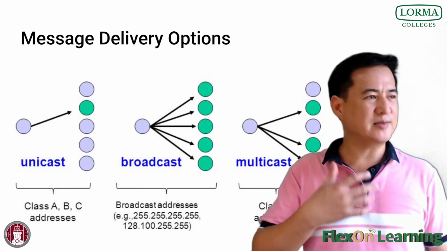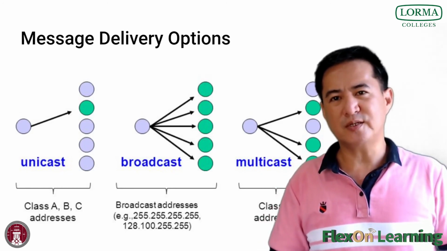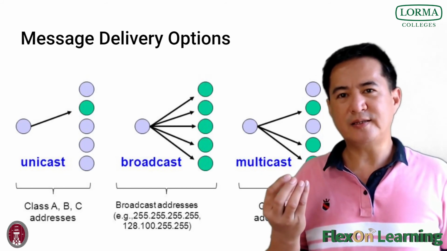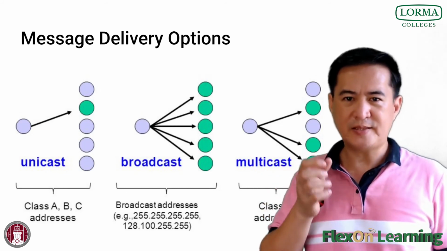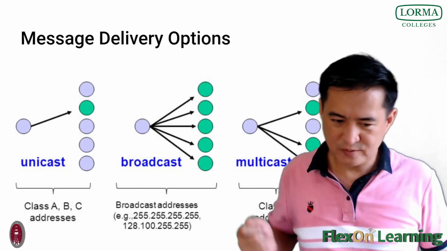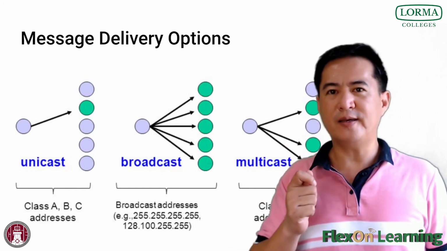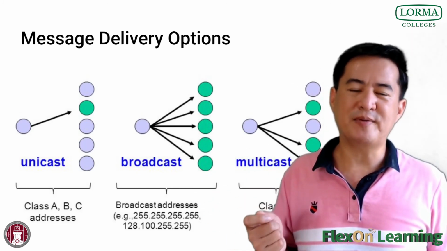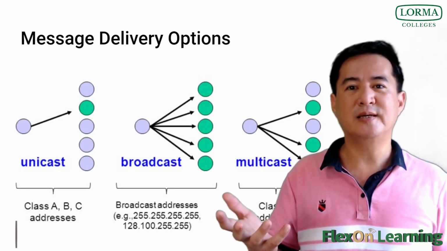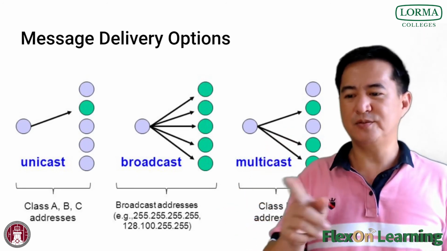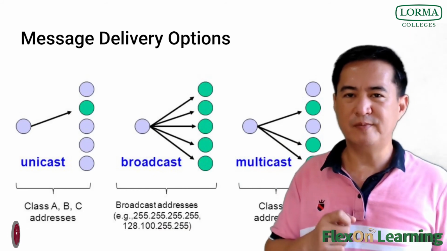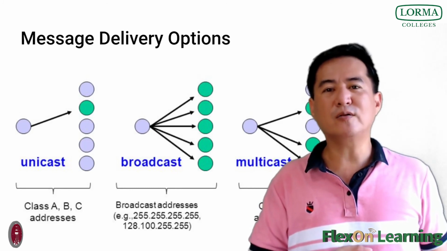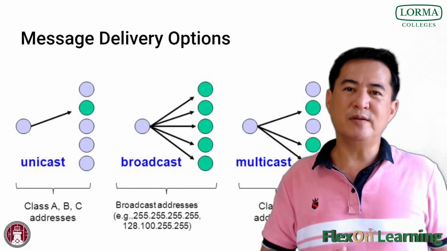So when is it necessary to have a broadcast in data communication? A good example is if a new device enters a network. Take your phone: you went to a Wi-Fi and you wanted to connect. When you connect to a network, you must have an IP. Where do you get that IP? You have to broadcast using 255.255.255.255. You have to broadcast a message, meaning all computers in that network should be able to receive it.